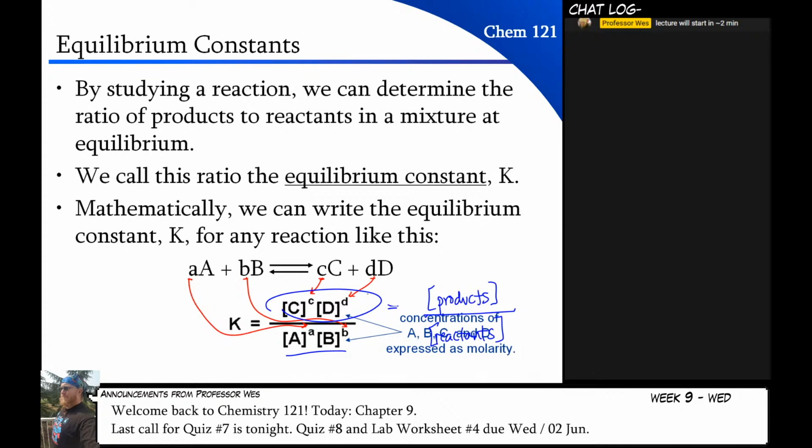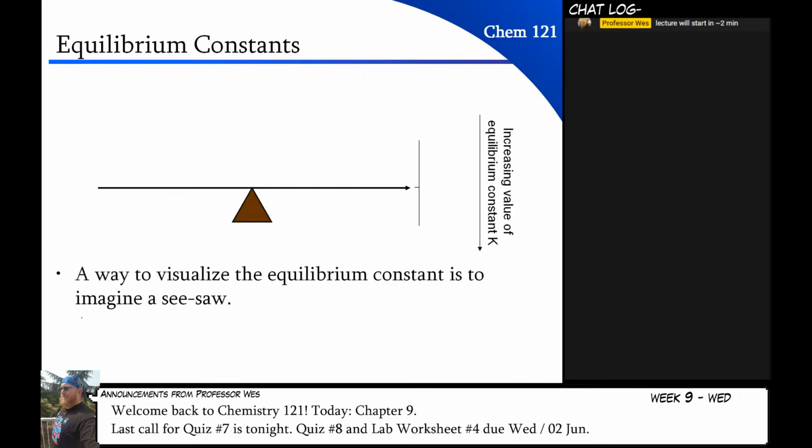All right. Now, you can express concentrations in molarity. We're not going to actually do that. What we're going to instead do is we're going to visualize equilibrium like a seesaw. Now, you'll notice that my scale on the far right, increasing is going down, and that's just based on the orientation that I drew this. I probably should have put the arrow on the other side now I think about it.